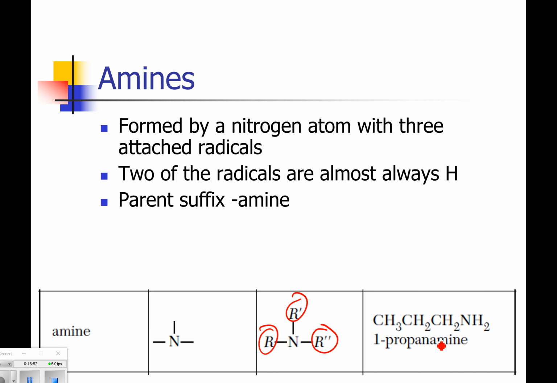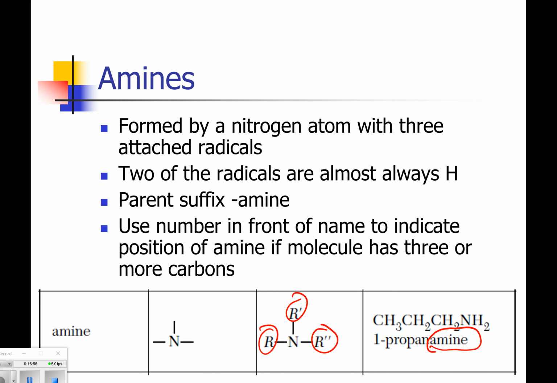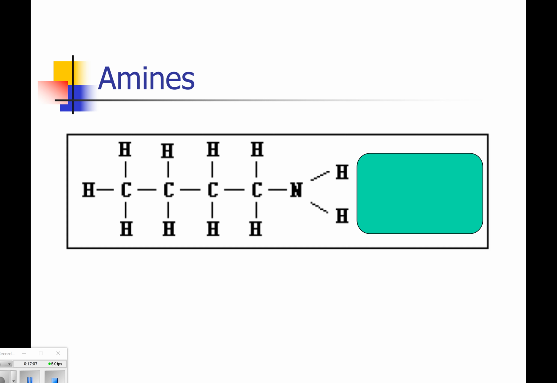The ending of these are going to be named with amine, indicating nitrogen, and we'll use a number in the front of the name that'll indicate where that nitrogen is located. As long as we have 3 or more carbons on that parent chain. Otherwise, we can't have any isomers, which we're going to learn about in a second.